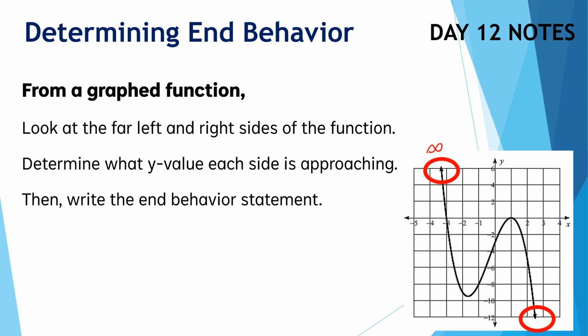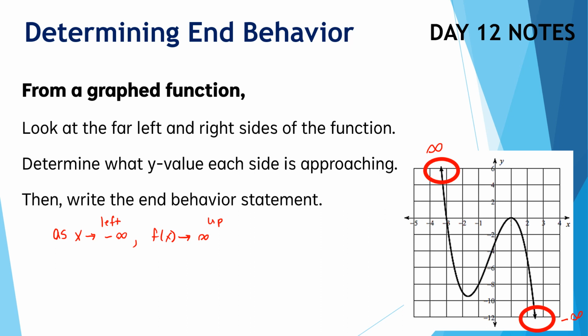The right side of our graph is going down continually towards negative infinity. So we can say as x approaches negative infinity, remember that's the left, the y values or f of x approaches positive infinity because that side of the function increased upwards towards positive infinity.